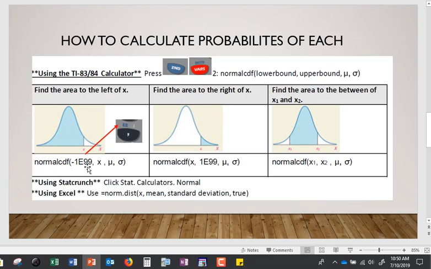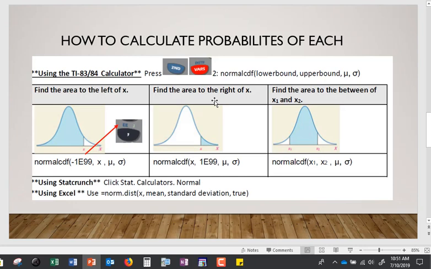You could also put negative a million, negative 10,000. This just represents that you want the smallest possible value on the left. Then you enter your upper bound, x, then your mean and your standard deviation. What you're doing is giving your calculator a range of values that you want to calculate the probability under this curve for.